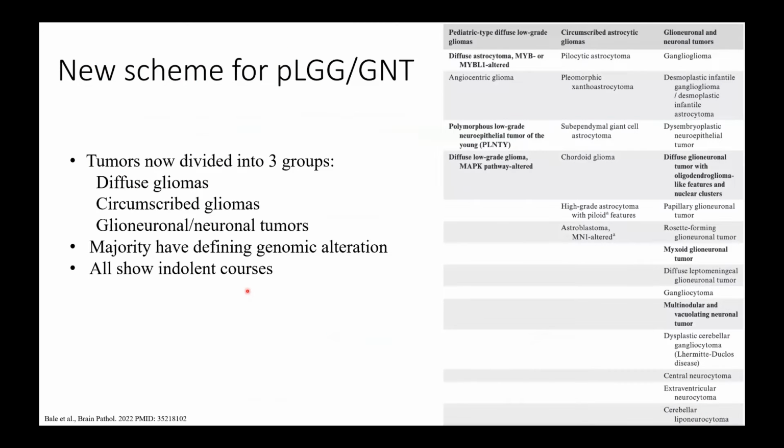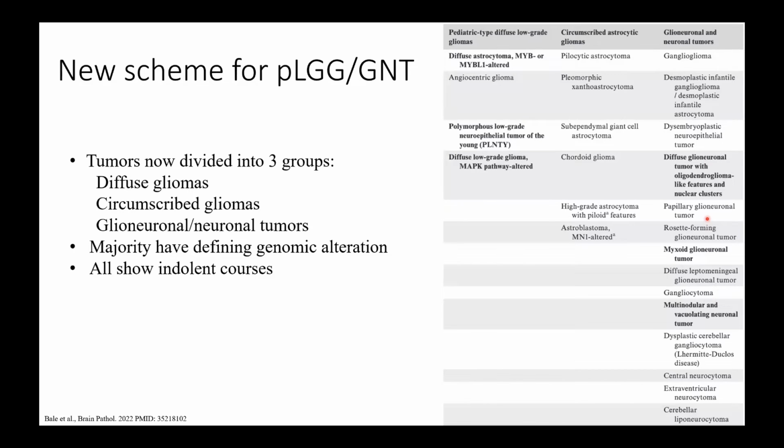In the current WHO, pediatric low-grade gliomas and glioneuronal tumors have been binned into 3 different types. Again, my goal is not to go into all of these, but just to make you aware of how these tumors are divided up. So there's many instances in which there's a non-specific nomenclature, so diffuse astrocytoma with an MYB or MYBL1 alteration, diffuse low-grade glioma with MAP kinase pathway alteration, and then many other kind of descriptive entities as well.